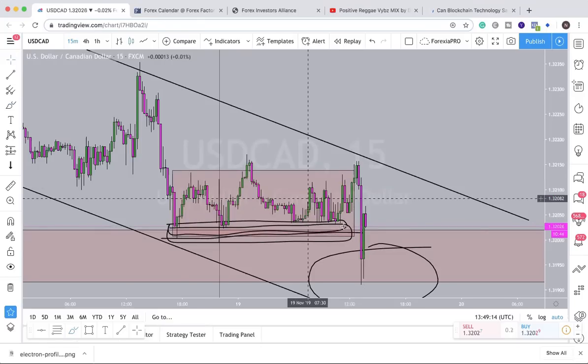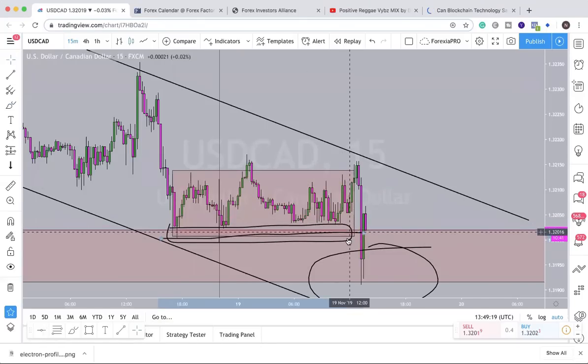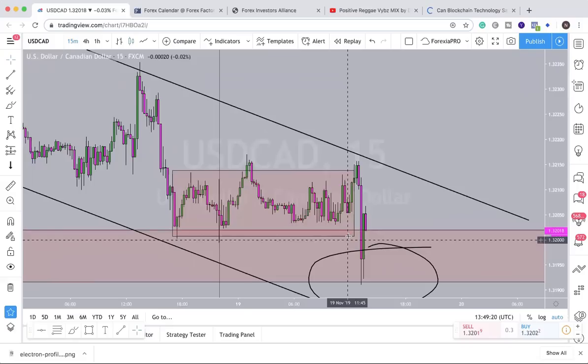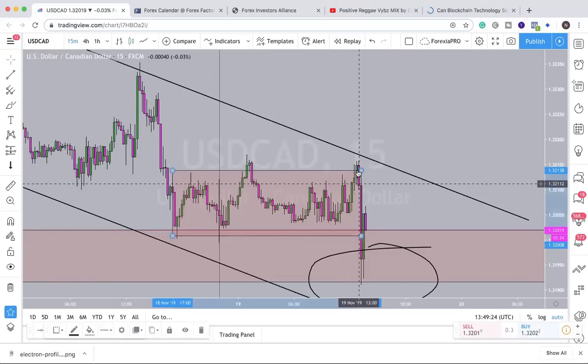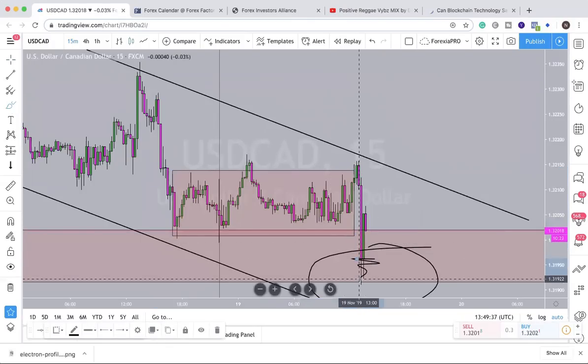So retail traders are most likely in this right now as a sell. Retail traders might be right around break even, right around in profit. The retail traders that had their limit orders right down here, they're in negative.